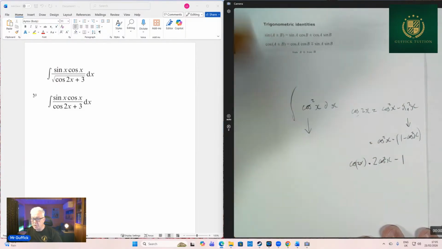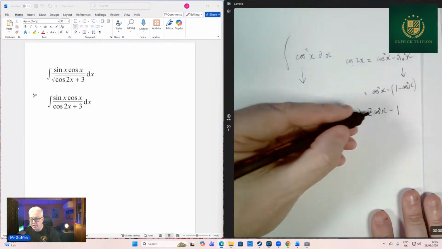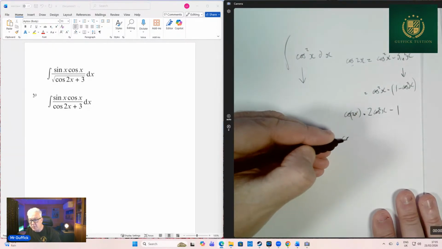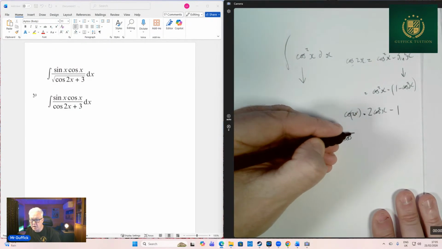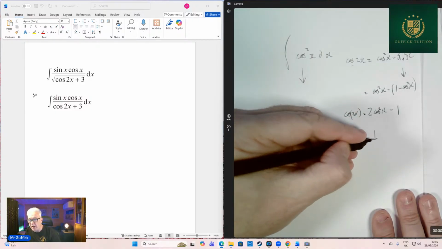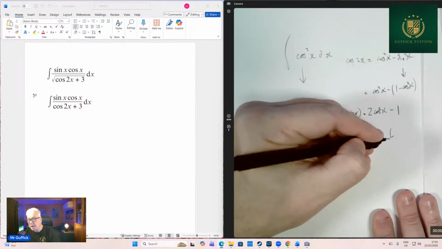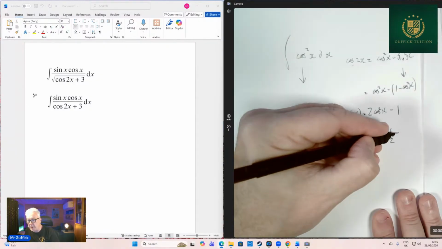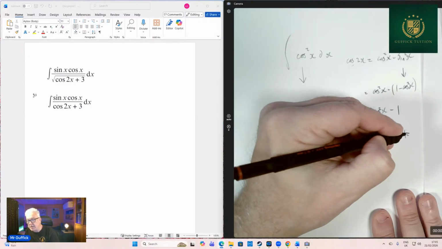So we rearrange this in order to make cos squared the subject. When we rearrange that, that's going to give us cos squared x is equal to a half plus a half cos 2x. So that's the first step.